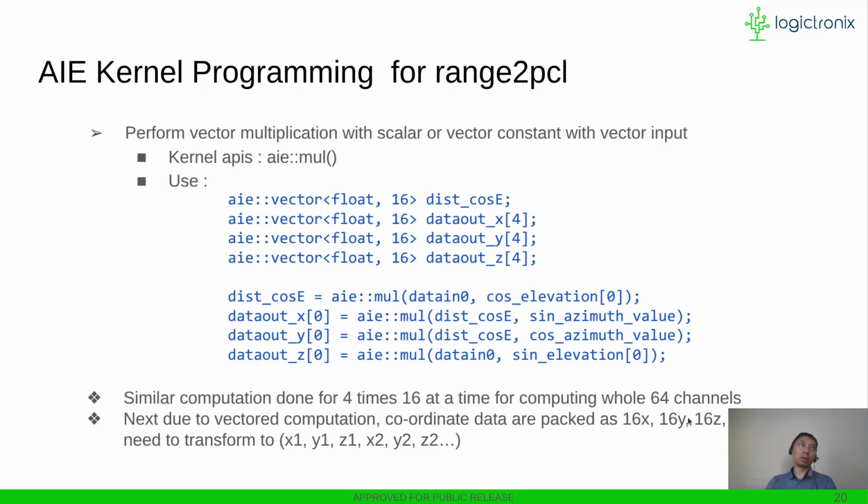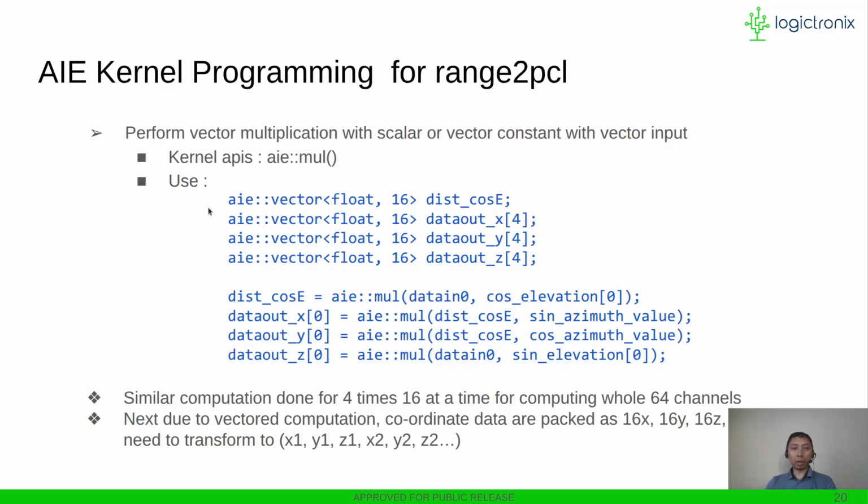So with the help of kernel programming, the next styling parameter and other programming APIs, we have to convert this packed data into our required format, x1 y1 z1, this unpacked serial format.